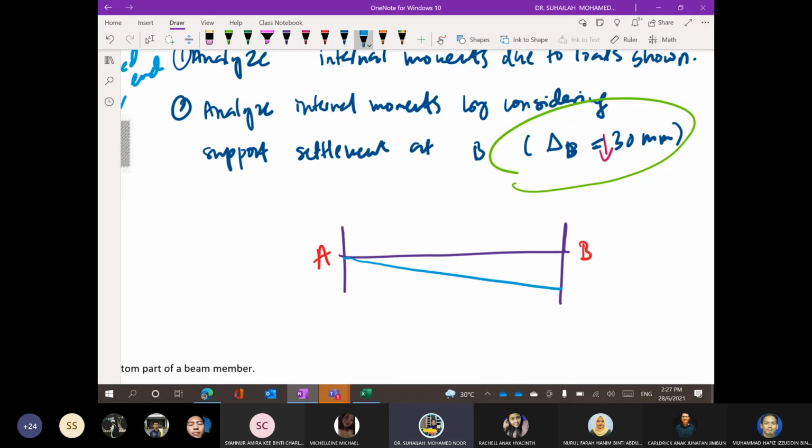So the distance between B and B prime: after settlement, B moves to B prime. Because this is a beam, and a beam is a horizontal member, delta will be measured perpendicular to the member.